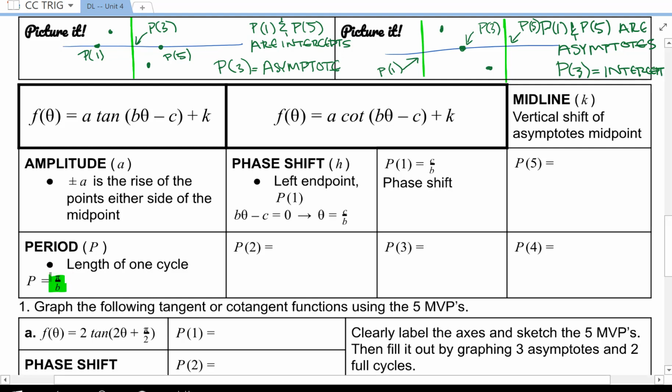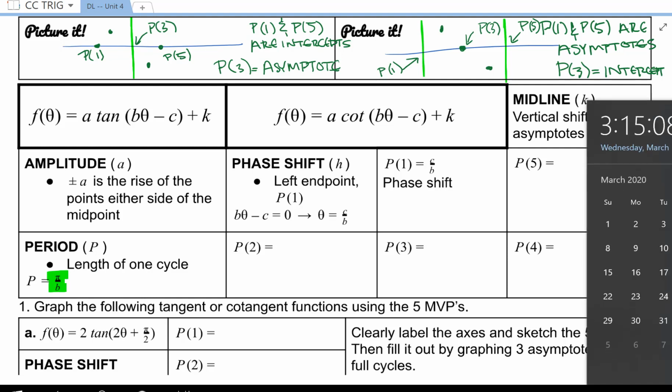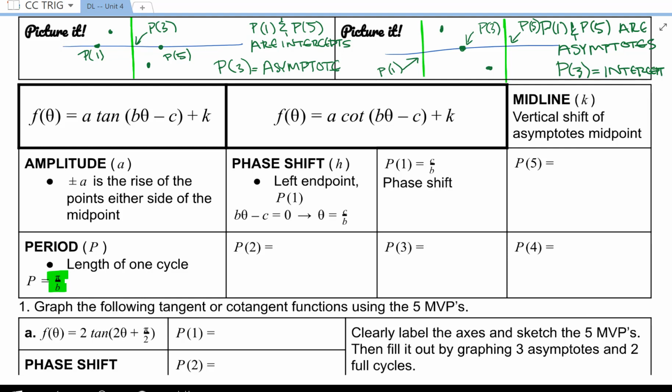So to find the period, if it's transformed, would be pi over B rather than 2 pi over B. As a reminder, P5, the right endpoint, is equal to P1, your phase shift, plus your period. So C over B plus pi over B.